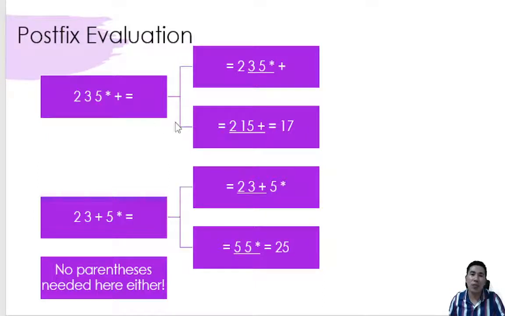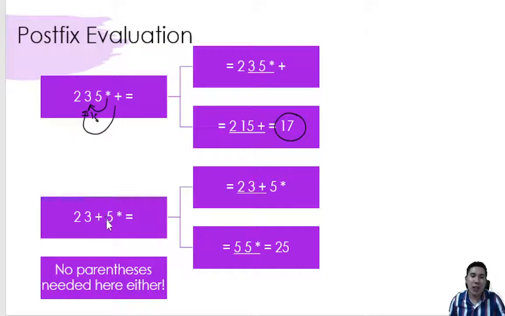This time, in postfix notation, the operators are placed after the operands. As you can see, you have here multiplication as an operator. We have 15, and then 15 and 2 are the operands, and then the operator is plus, which is 2 plus 15, which is 17.